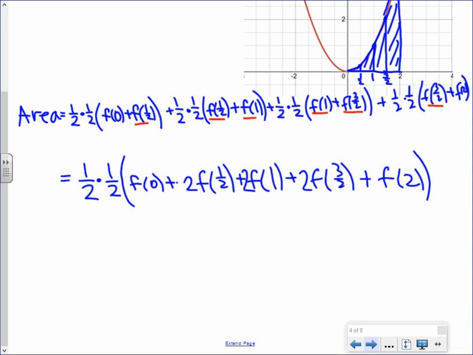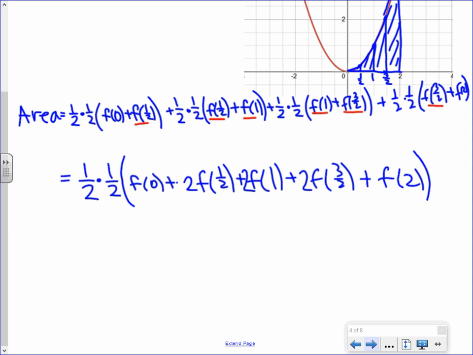Instead of setting up however many trapezoidal area formulas we need to, we can just write, and we'll rewrite this soon after we find out this actual value, 1/2 times the height times base 1 plus 2 of base 2 plus 2 of base 3 plus 2 of base 4, all the way until we get to only 1 of the last base.